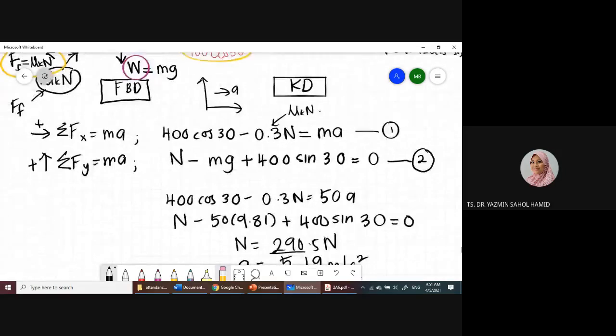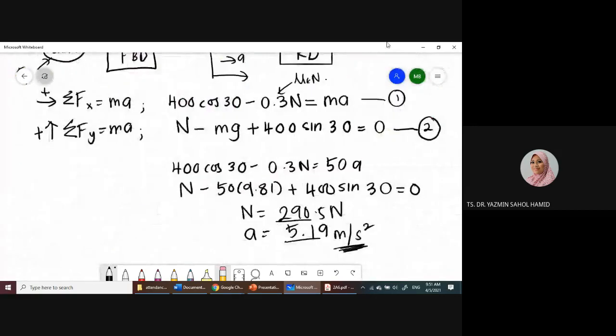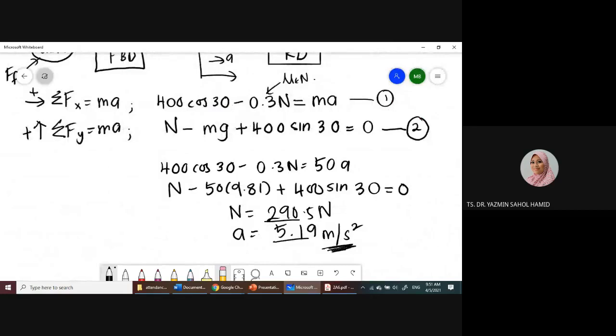Okay, now you have got your A. Then what you can do is find your velocity. Velocity.